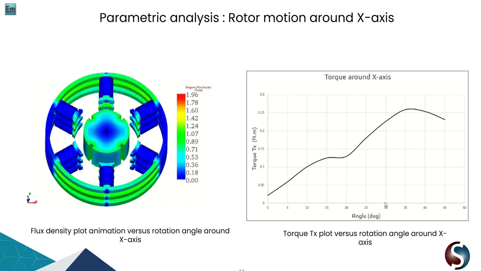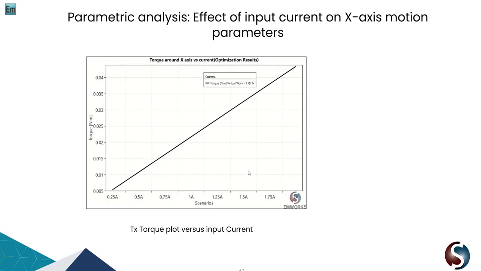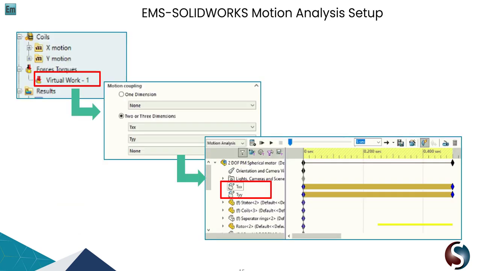Let's just be clear on this, because it's a 1D motion so far. And this one is 1D motion, again, around the y-axis and the torque. And this one is the torque x and the torque y.